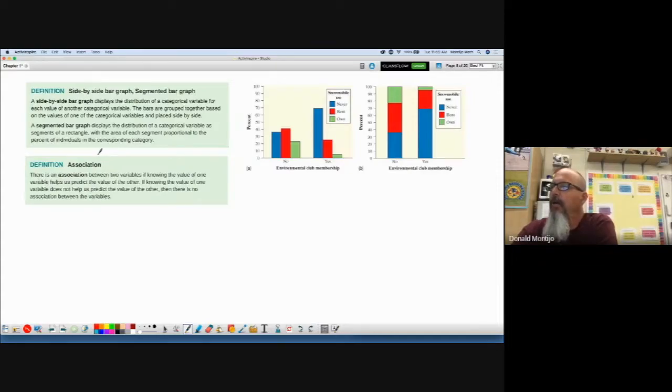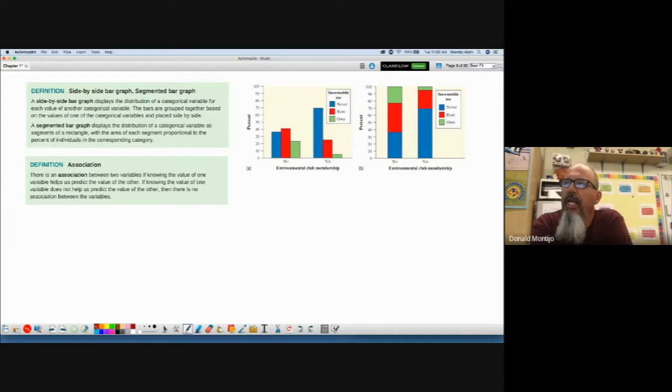All right, now here's some other ways that we could display categorical variables. Well, we already looked at a bar graph. Now, sometimes it makes sense to put these next to each other, or what we'll call a side-by-side bar graph. Okay? So we're looking at the same data that we just looked at from the two-way table a moment ago.